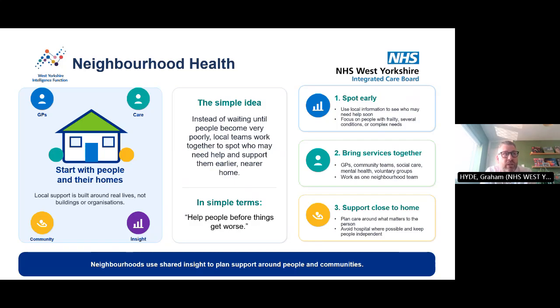Local teams use information to spot people who may need help earlier. Different people and services work together as one team, and the aim is to keep people healthier, more independent, and supported close to home. In simple terms, instead of waiting until people become very poorly, local teams work together to spot who may need help and support them earlier, nearer home.